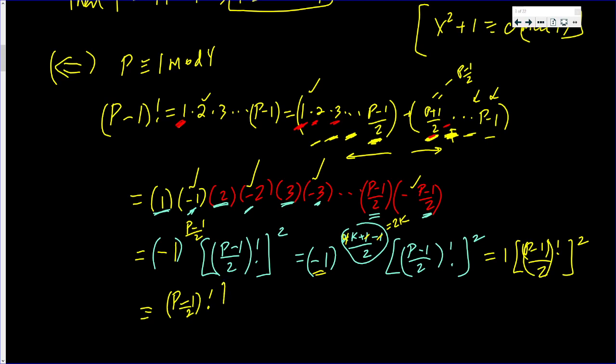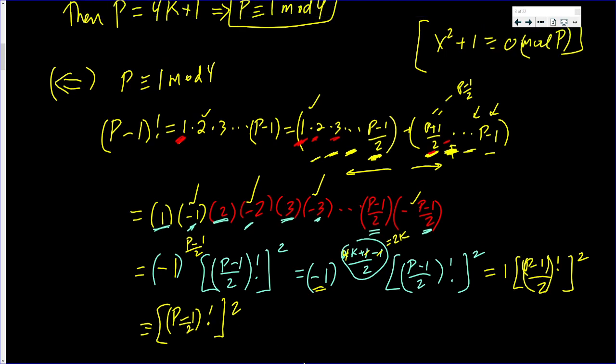All squared. Now we're going to invoke, oh, this is modulo p. Right here, we're going to invoke Wilson's theorem. This is negative 1 mod p. This is congruent to negative 1 mod p.